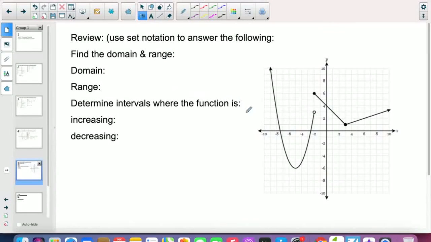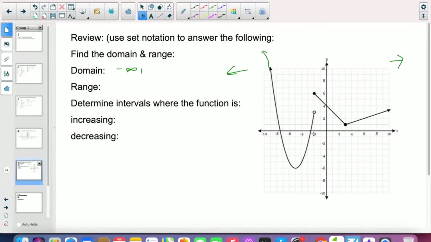So if I'm looking for the domain of this piecewise function, as we move to the left and to the right, this x value goes forever in a left upward position. So doesn't that mean that all x values to the left of negative 8 are going to be included? So our domain is going to start at negative infinity, and it's going to go until, now there's a break in the graph right here.